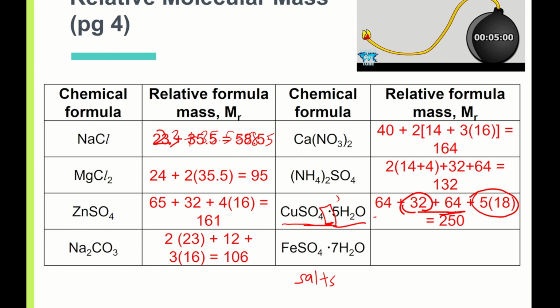If you recall your crystallization, the copper(II) sulfate crystals are blue because the water molecules are trapped inside, and they contribute to the weight, so we need to add them together. Try to see whether you can calculate for iron(II) sulfate. What is your answer? Do you have this answer?